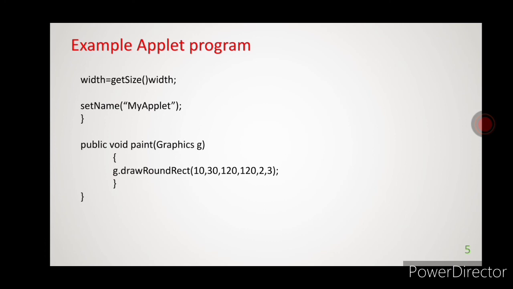And the next four parameters, that is 120, 120, 2, 3, these four values will specify the sides of a rectangle. Okay, this is the example applet program to draw a rectangle.